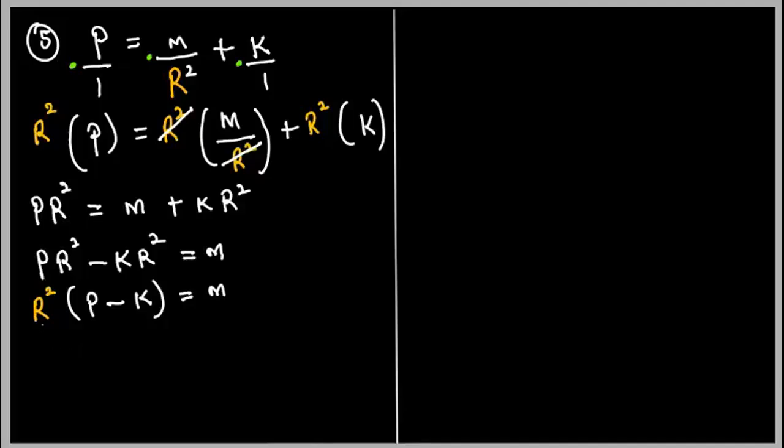To get my r, I must take out P minus k first before the square. So how can this be done?